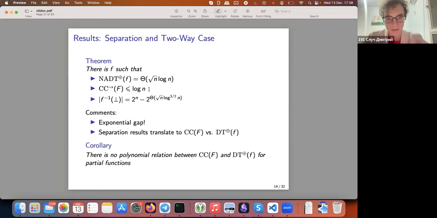So there exists an exponential gap, but the number of undefined points is large. And this result translates to two-way communication complexity versus adaptive parity decision trees. So there exists no polynomial relation between the two measures for partial functions, even in the general case.